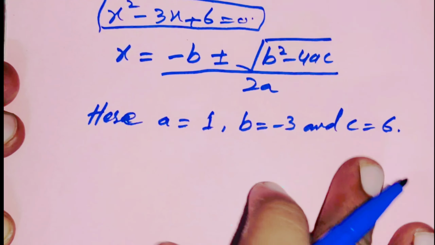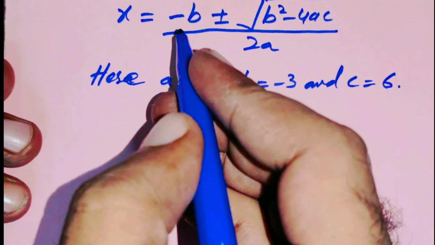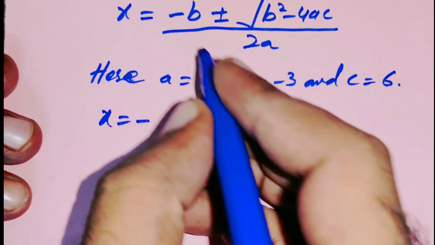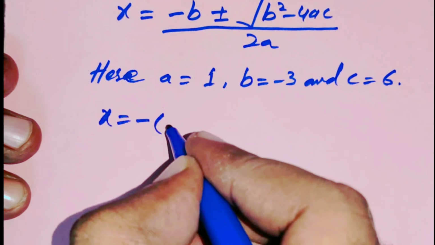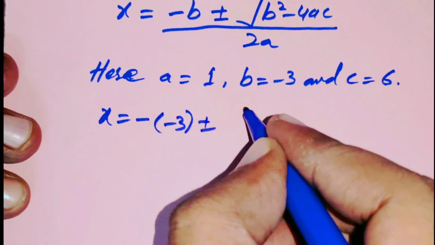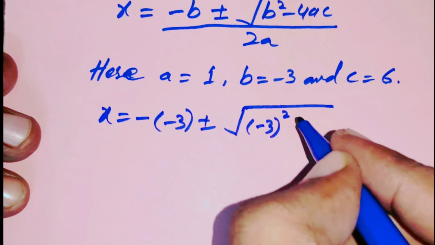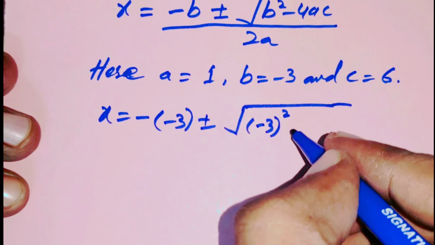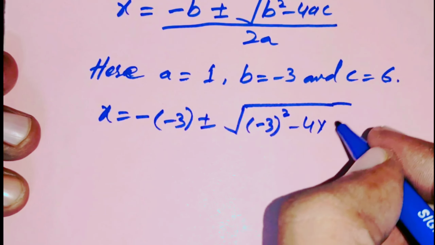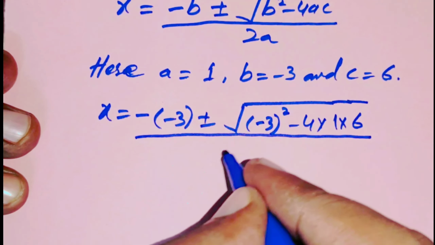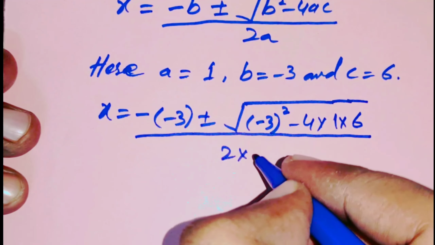Now put the values in this formula. After putting these values in the formula, we get x equal minus, the value of b is minus 3, plus minus square root of the value of b, minus 3 squared, minus 4 same, a equal 1 and c equal 6, whole upon 2 multiply the value of a, which is 1.